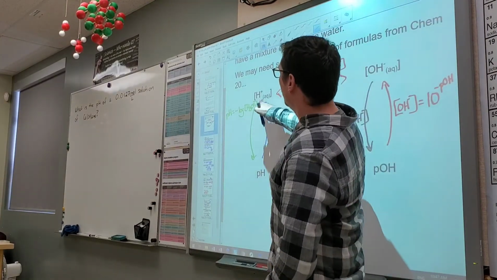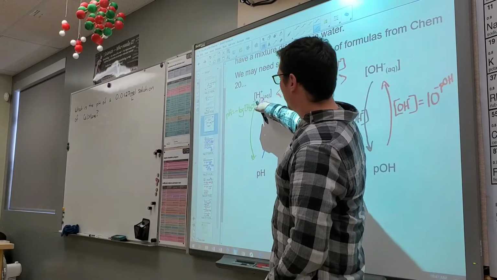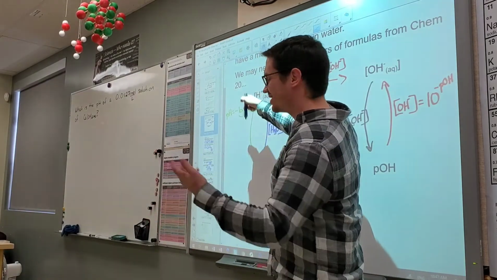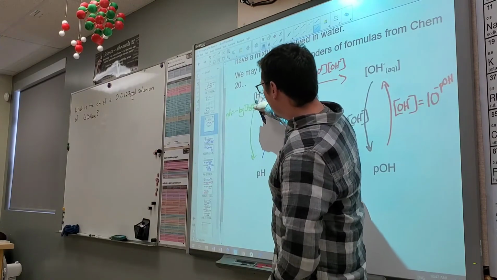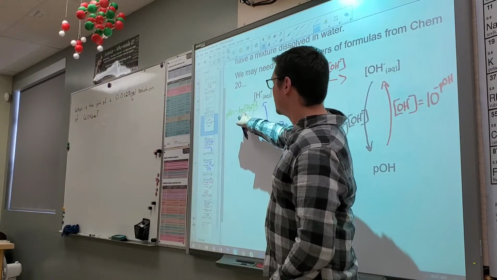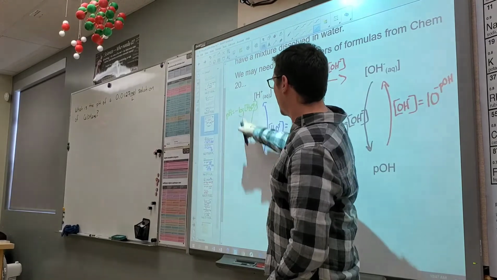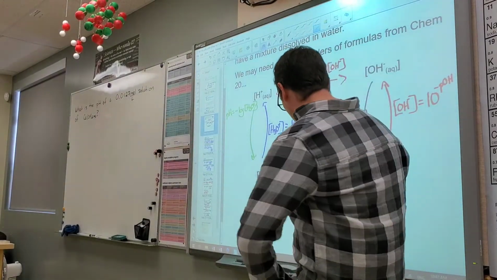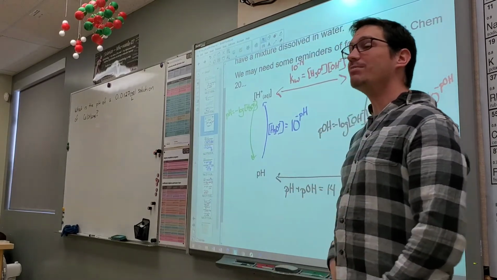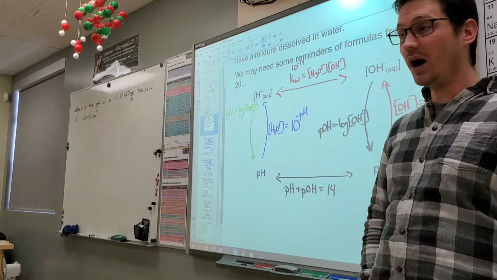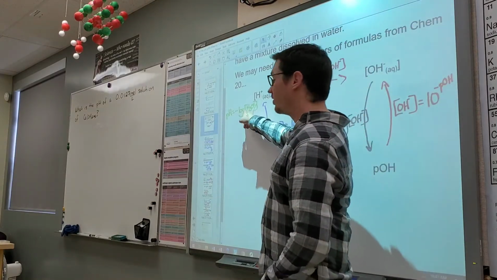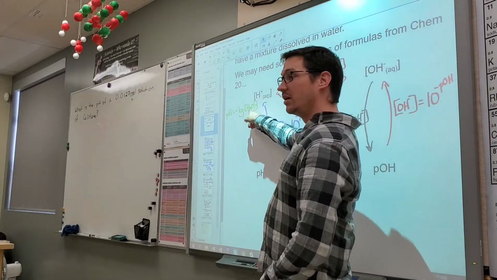If I want to go from hydrogen ion concentration, or hydronium ion concentration, same thing, to pH, there's a very specific equation for that. If I want to go backwards, there's a very specific different equation for that. For those of us who have taken Math 30-1, we should already recognize this relationship, right?